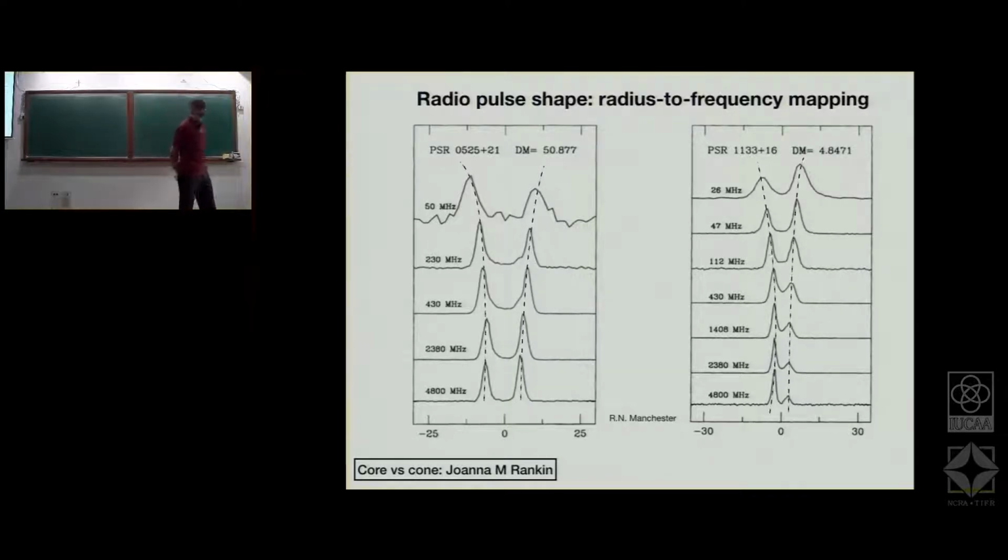And there are some of these components which often arise in between these components which we think come from the cone. Sometimes it is not always inside, could be on one side as well. So it does not share that linear polarization angle sweep in the same manner as these components do.